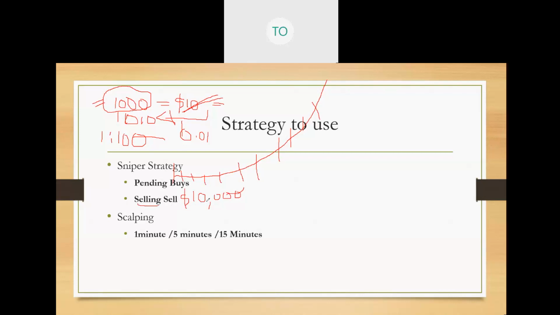The second day, your capital has increased by $100, so you're going to be making like 110. The third day, your capital is increased by another 110. So you have 10,300. Your graph will look something like this.